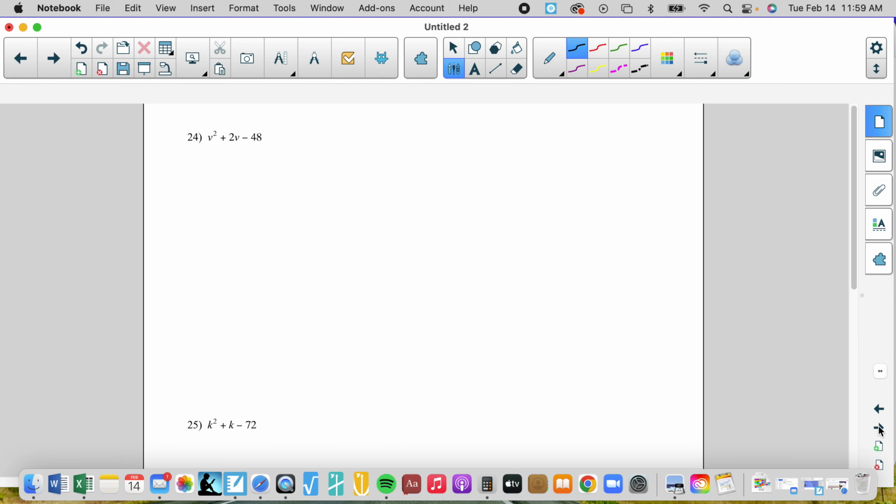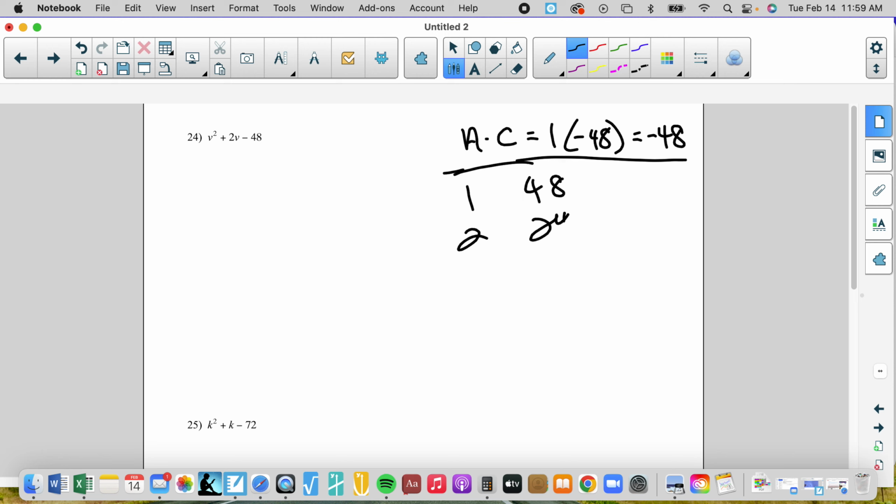All right, 48, not a perfect square. We're going to do a times c. 1 times negative 48 is negative 48. Factors of 48 are 1 and 48, 2 and 24, 3 and 16, 4 and 12, 5, no, 6 and 8. Signs are different.